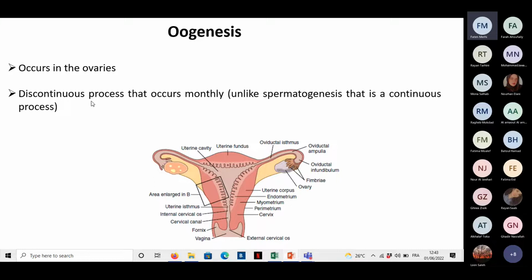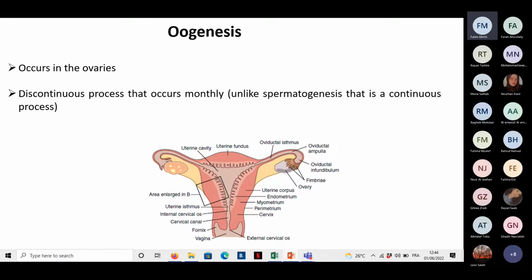And also there are many arrests during the process of oogenesis. As we are going to see, the meiosis during oogenesis will be arrested first before birth and will resume after puberty, and not in all of the cells. It will resume only in a pool of cells, in a few cells at each menstrual cycle. This is unlike the spermatogenesis, where the meiosis is not arrested.